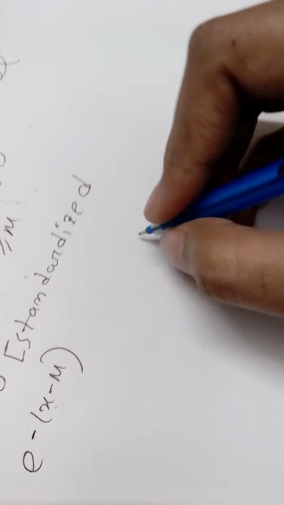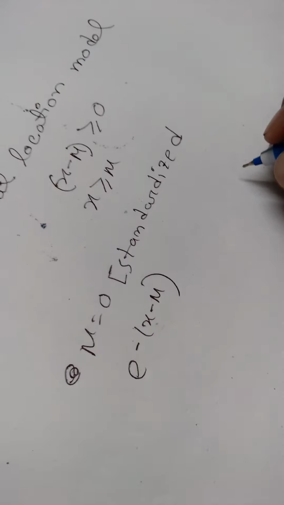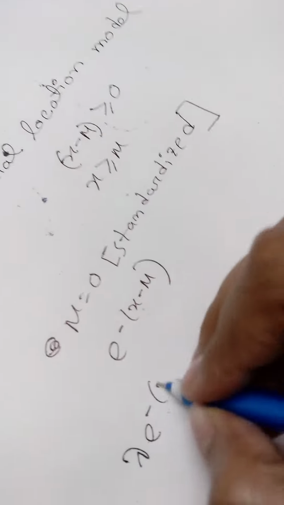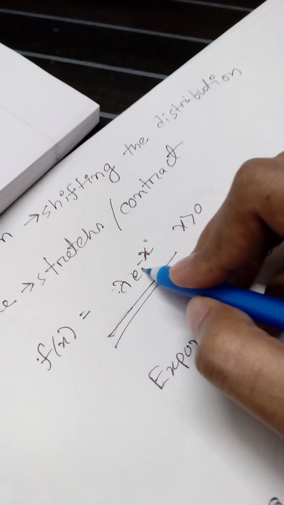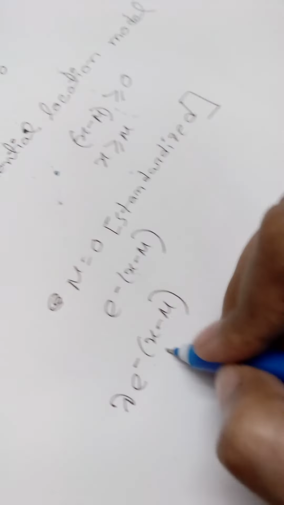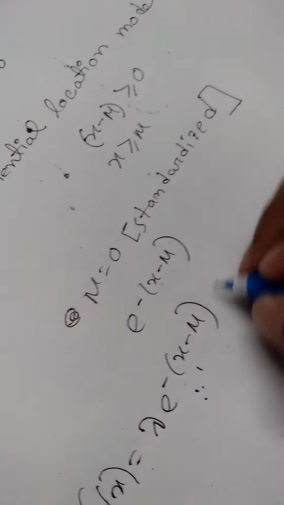Then we will see the exponential location model when we add mu with the x. This is the PDF of the exponential distribution, and when we add the mu, we call it the exponential location model.